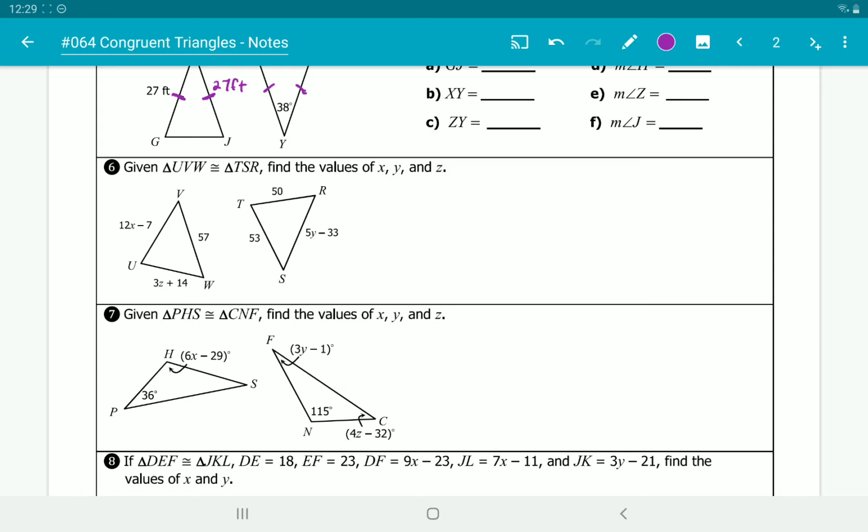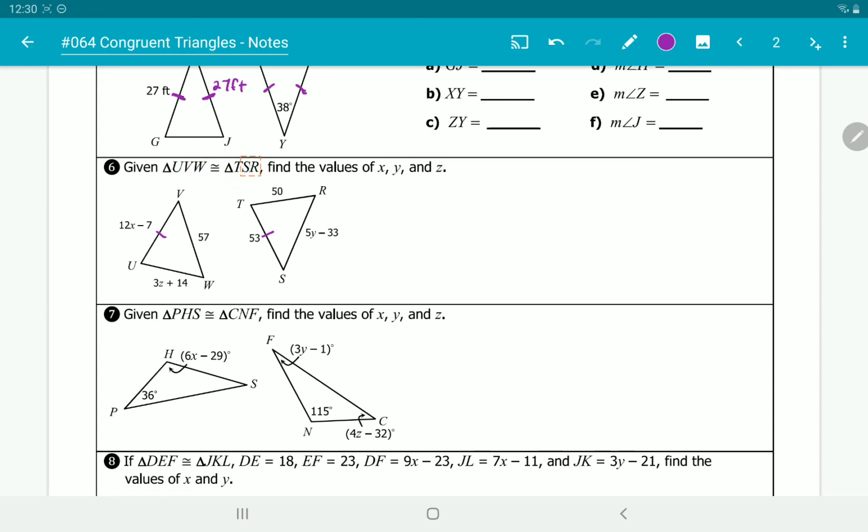All right, so now we're going to look at number 6. It tells us that triangle UVW is congruent to triangle TSR. So let's go ahead and start. It looks like we're just looking at sides on this one. So we have UV, first 2, and TS. UV and TS are the same.